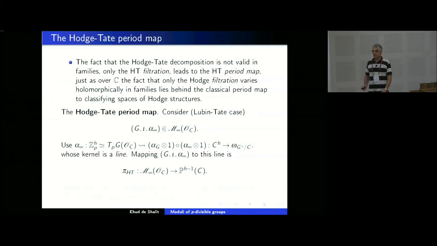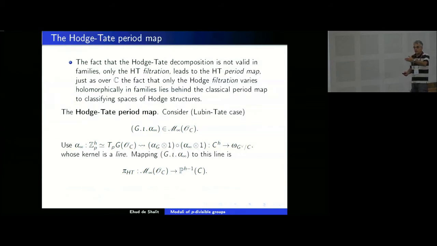So this is an element not, in the Lubin-Tate case, of the deformation space alone, but of the space at the top of the tower that we described two days ago, by a result of Weinstein. You can use alpha infinity, this level structure, to identify the Tate module with Z_p^h. And of course, you can tensor this with C to get an identification of the Tate module tensored with C, as a vector space over C, with C^h.